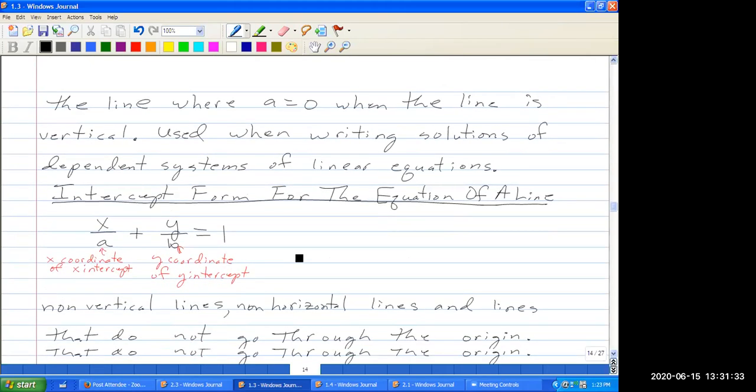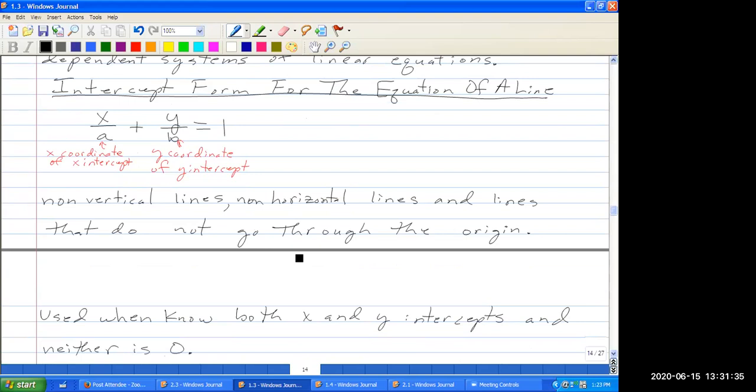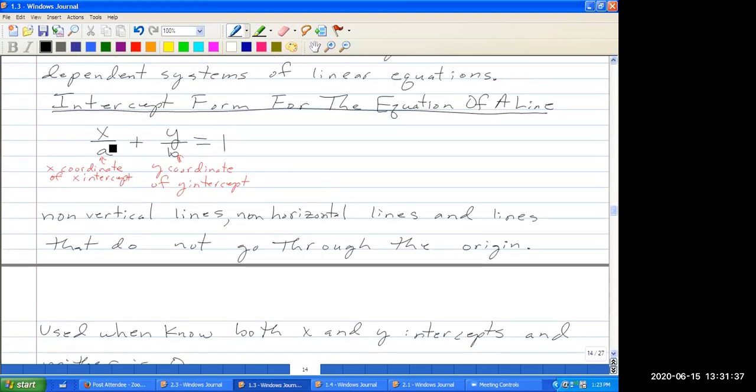The intercept form for the equation of a line. So x over a plus y over b is equal to 1, where a is the x-coordinate of the x-intercept, and b is the y-coordinate of the y-intercept. This can only happen when a and b exist and where neither a nor b is equal to 0.